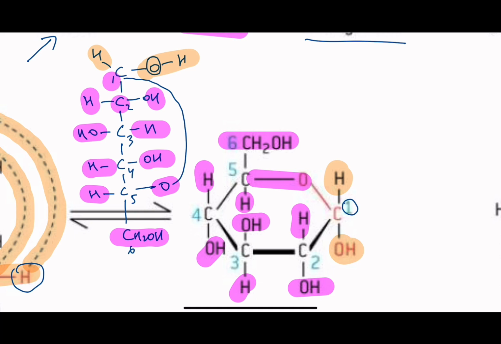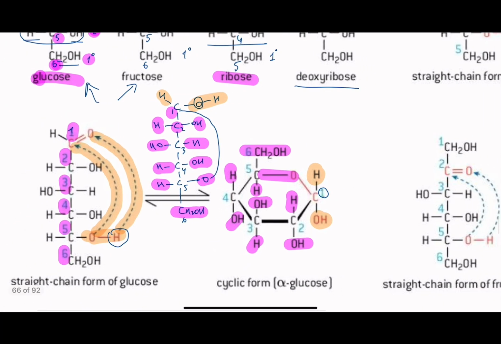So this is the cyclic form, and when you write the line diagram of this, I'm just going to draw OH, I don't write hydrogens, then OH, and then CH2OH, like this. Or I can even do the last one like this. You know that this part, the corner, is carbon, right?